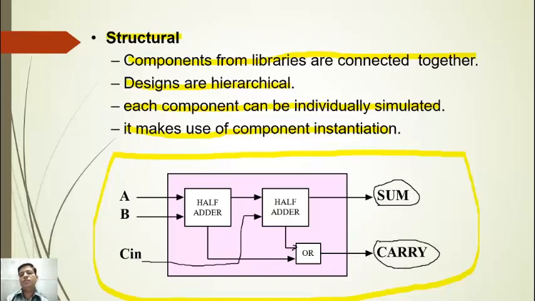So the full adder has 3 inputs and 2 outputs: inputs A, B and carry input, and outputs sum and carry. Each half adder is made up of an XOR gate and an AND gate. Here 2 XOR gates, 2 AND gates and one OR gate, and then we have formed the complete full adder circuitry. So this is the structural type of modeling.